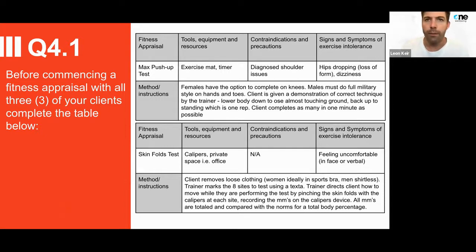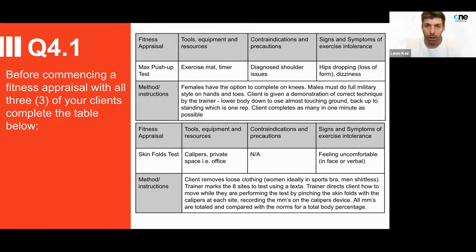So they're the 4 sites I do. Here we're talking about 8 sites. So for the 8 sites that we're talking about here, those ones I just spoke about: the tricep, the bicep, the iliac crest, the stomach, and then they do it on the quadricep, the calf, and then you've got your scapula or your subscap, which is a lower part of your back. So they're the 8 sites that you could do it on.